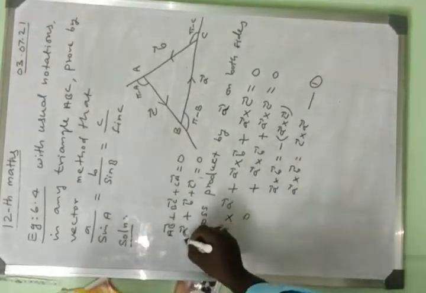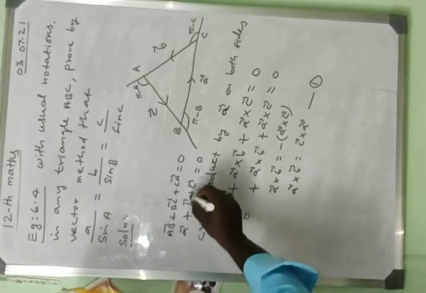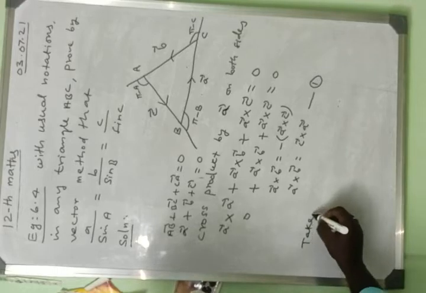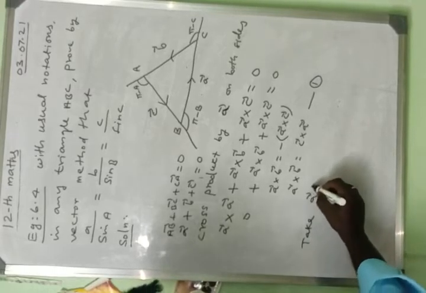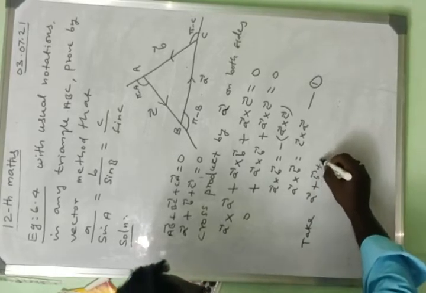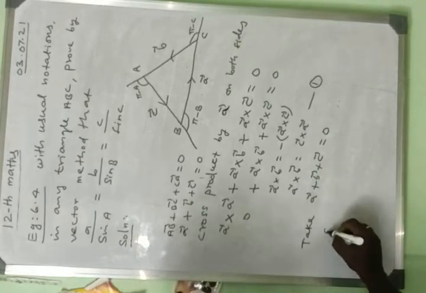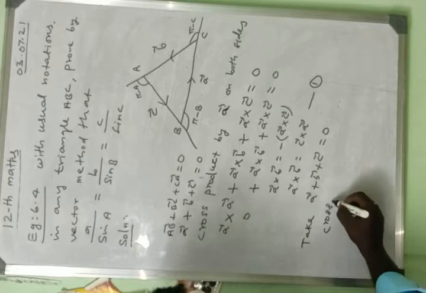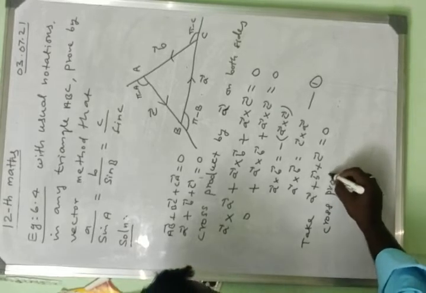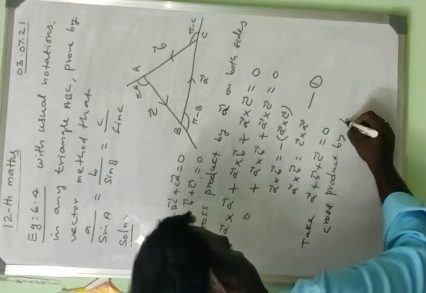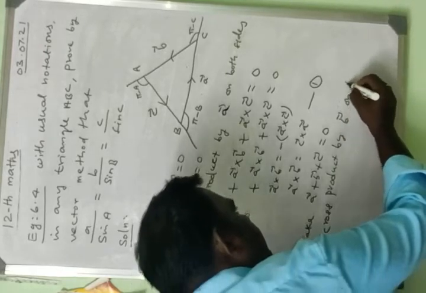Next, again we take vector A plus vector B plus vector C equal to 0. Here also, take the cross product by vector B on both sides.